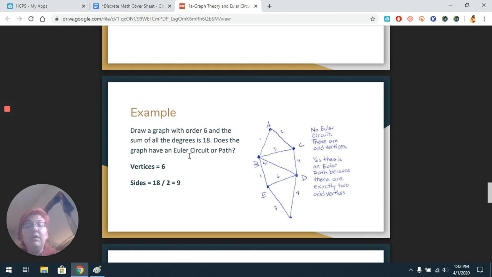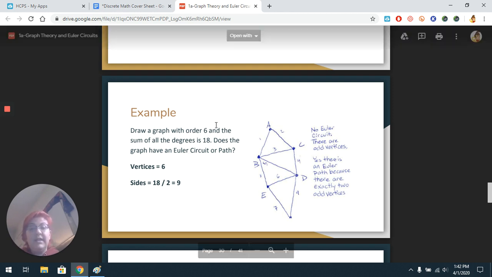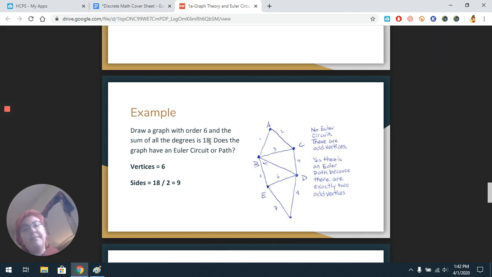All right, well, if I have 6 vertices and the sum of the degrees is 18, to get the number of edges, I divide that by 2. So 18 divided by 2 is 9. And when I created that here, I have a connected graph with 6 vertices and 9 edges.